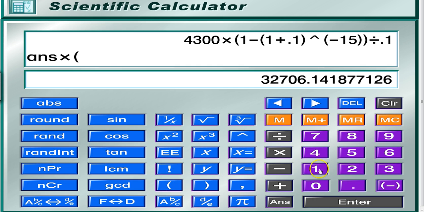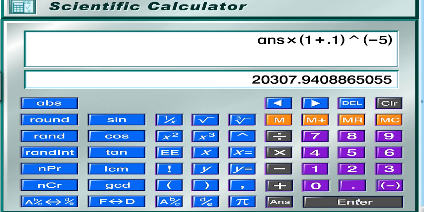left parenthesis 1 plus the interest rate 10%, and right parenthesis, now power. I need a negative number, so I need another parenthesis, and negative 5, right parenthesis. Alright, enter.